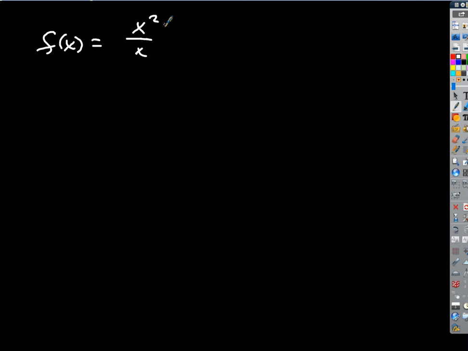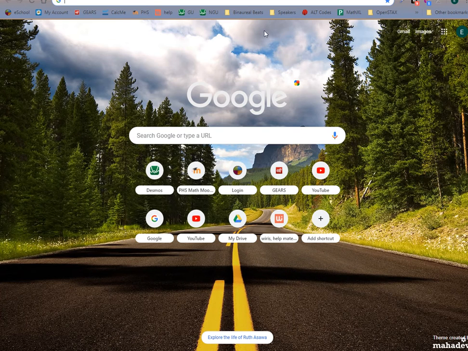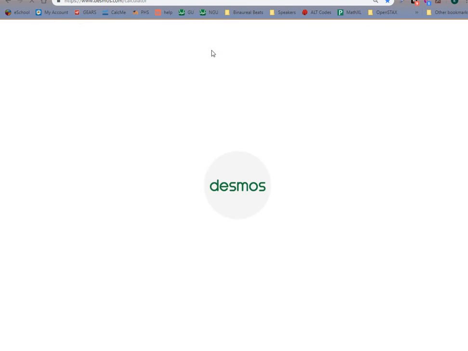Okay, what does that simplify to? X. Okay, so I'm going to graph these on Desmos. I'm going to compare that to the function g of x equals x. Okay, we'll see if they're exactly the same. No, they're not going to be. When x doesn't equal x. You like that?